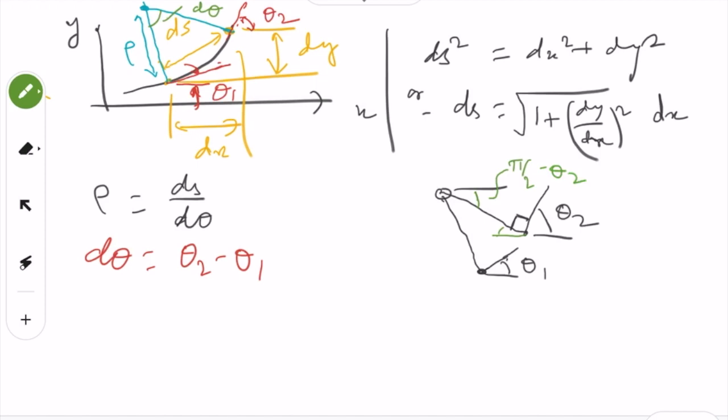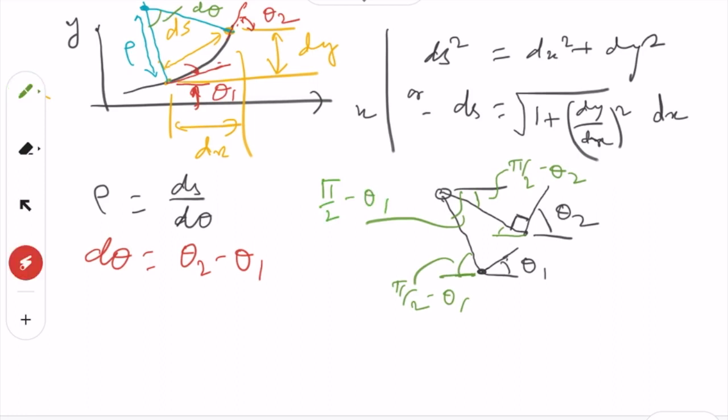Similarly here, this will be pi over 2 minus theta 1, right? And from here to here, this will be pi over 2 minus theta 1.